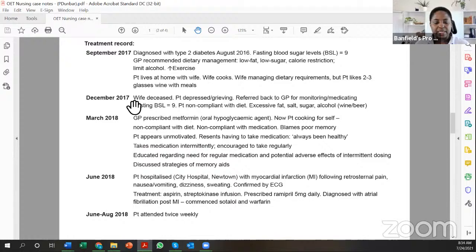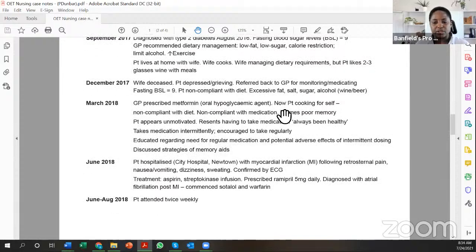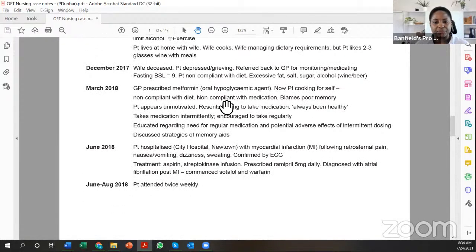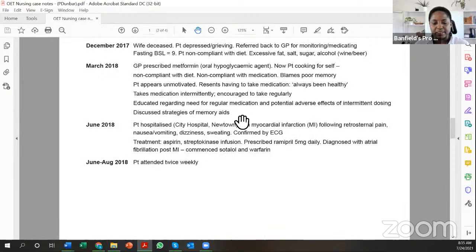And in December 2017, a few months later, unfortunately, she passed away, and he didn't take it very well. And his medication and diet started to go off track. He was prescribed medication, but not the best compliance.